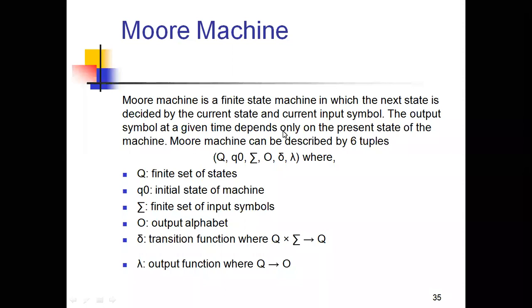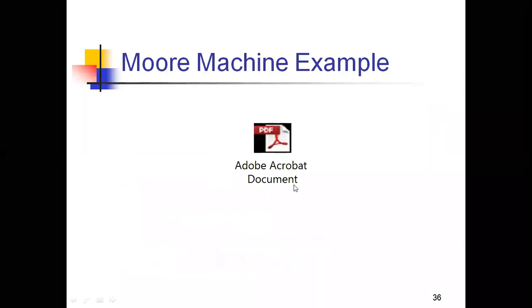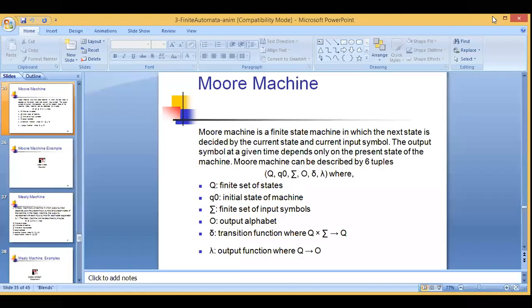And coming to the Moore machine, here we need to depend upon the output symbol also. Depending upon the output symbol as well as the present state of the machine, we can say whether it is a Moore machine or a Mealy machine. And this is the formal definition. And now I will show you how to draw the Moore machines.